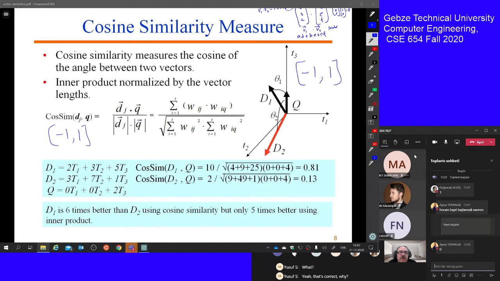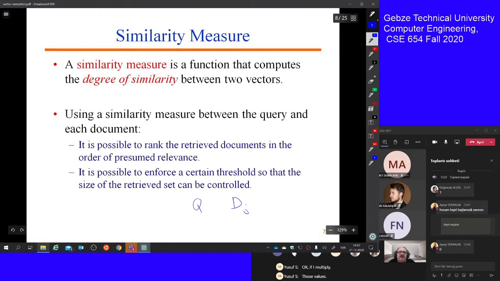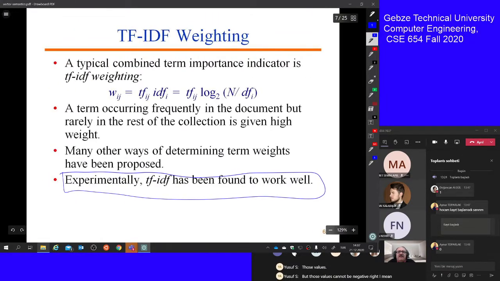If you look at the formula here, just look at the formula. What does the formula say? Multiply the TF-IDF values of the document terms and the query terms. Okay, if I multiply those values, but those values cannot be negative, right? I mean, how are you going to make this value negative?